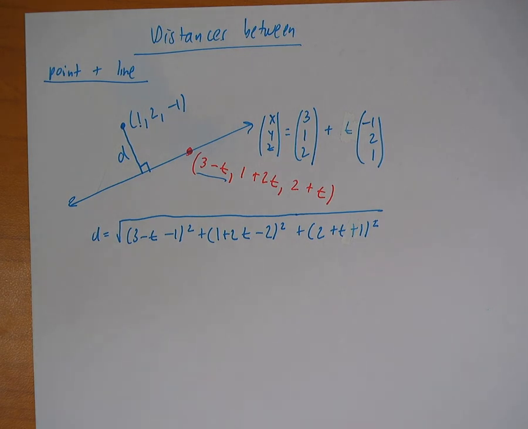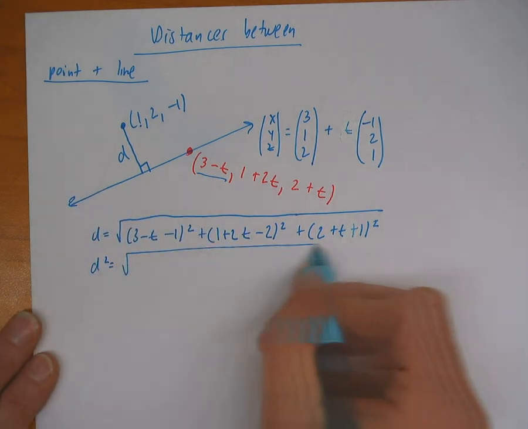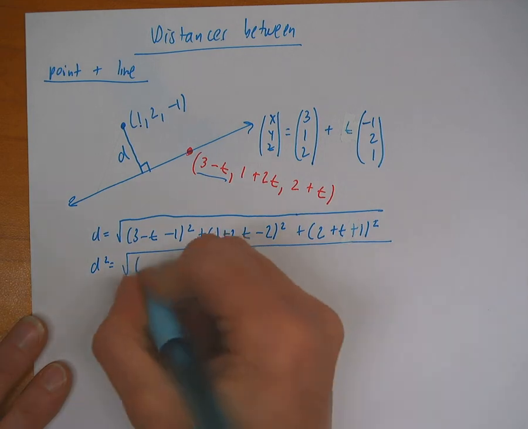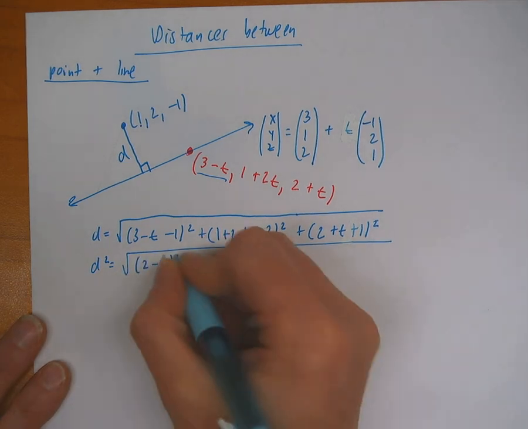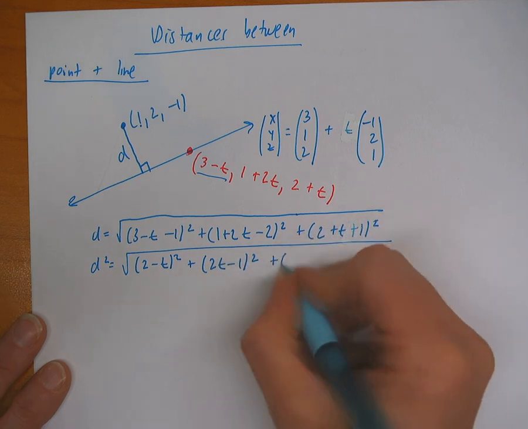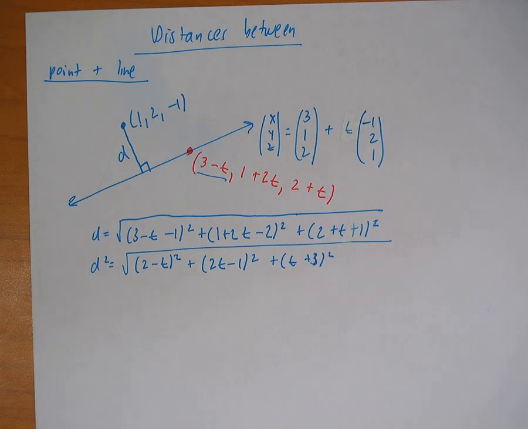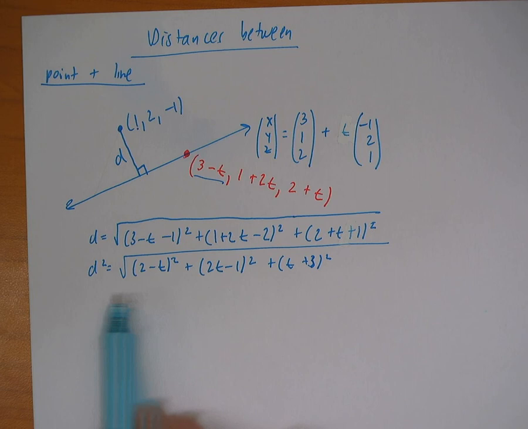So if I multiply that out, I'm going to have (2 minus t) squared, so I'm just simplifying a little bit here, plus (2t minus 1) squared, plus (t plus 3) squared. What we are going to say is that this is going to look like the graph of a parabola.